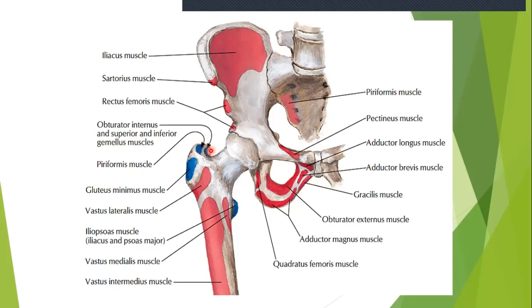Then on the medial surface of the greater trochanter, just below the insertion of piriformis, is where these three muscles will insert: obturator internus, superior and inferior gemellus. Then this is the anterior surface of the greater trochanter. Remember that is gluteus minimus. Please keep this image in your mind.